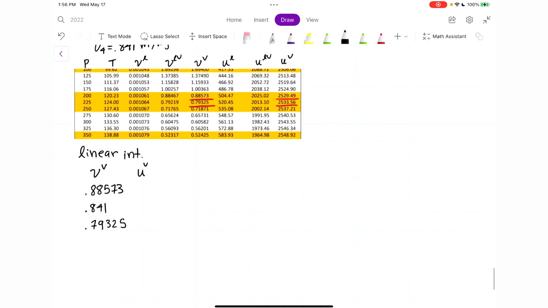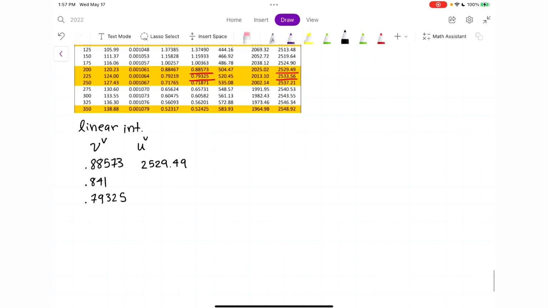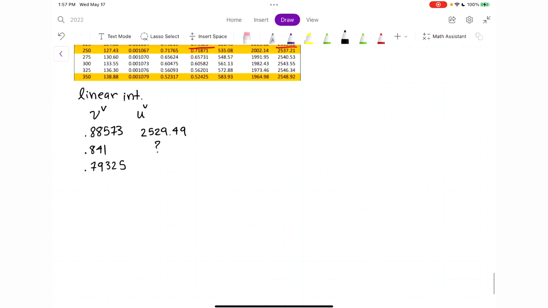The upper boundary for our specific internal energy is 2529.49. We're trying to find this one. And our lower boundary is going to be 2533.56.